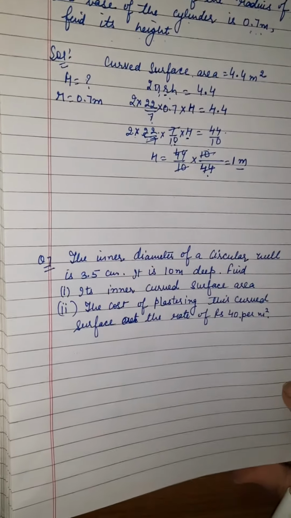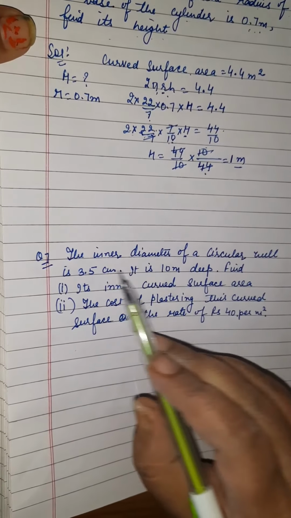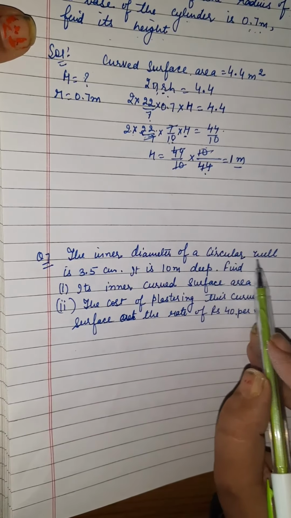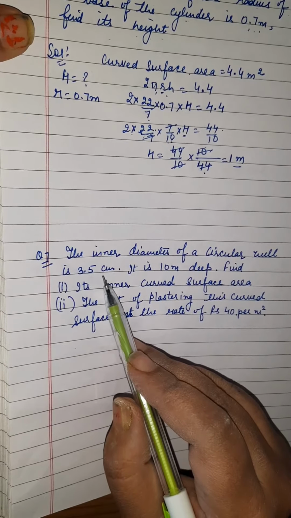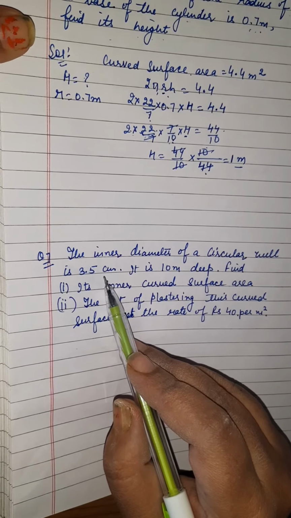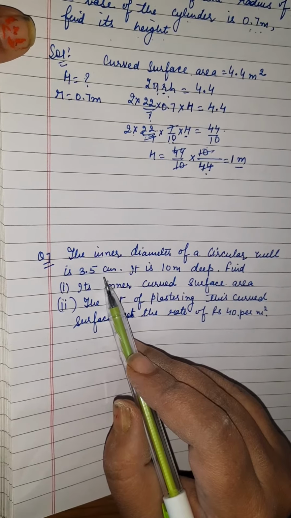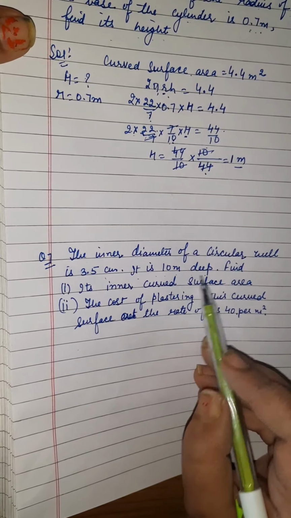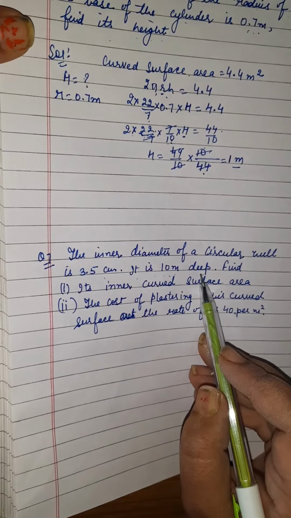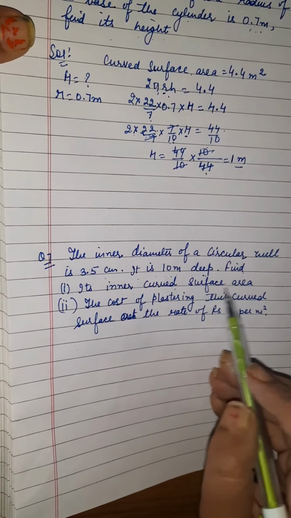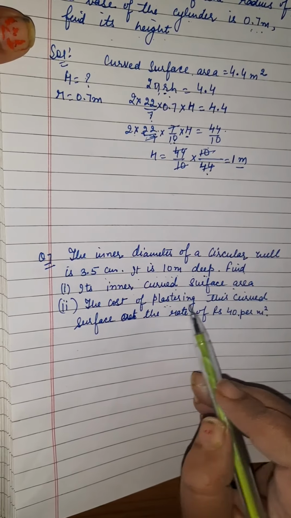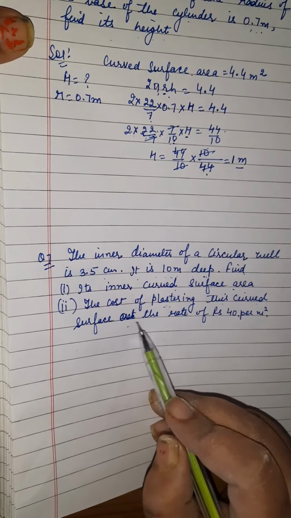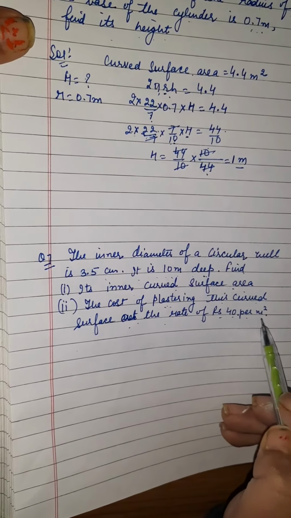Now question number 7. The inner diameter of the circular well is 3.5 meters. If the diameter is 3.5, then the radius is 3.5 by 2. If it is 10 meters deep, it means the height is 10 meters. Find the inner curved surface area of the well and the cost of plastering the curved surface area at the rate of rupees 40 per meter square.